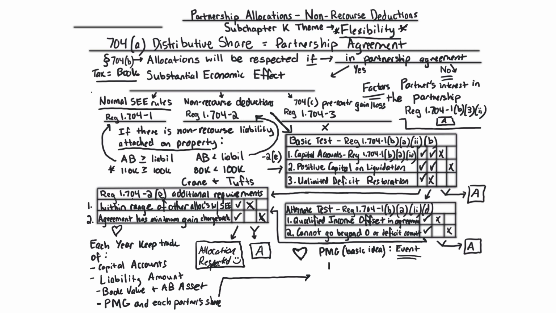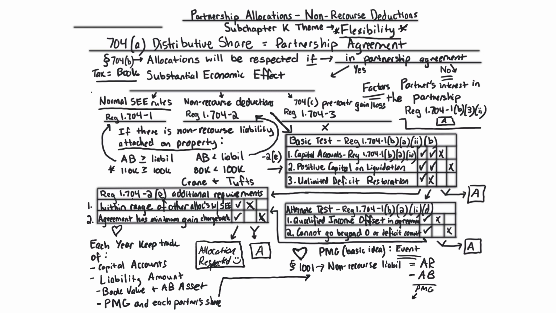And what you do is you take the amount of the non-recourse liability, and that's going to equal your amount realized. So it's a section 1001 analysis, right? Amount realized minus adjusted basis. So the non-recourse liability equals the amount realized in that year, minus the adjusted basis that you've been keeping track of, and that gives us the partnership minimum gain.